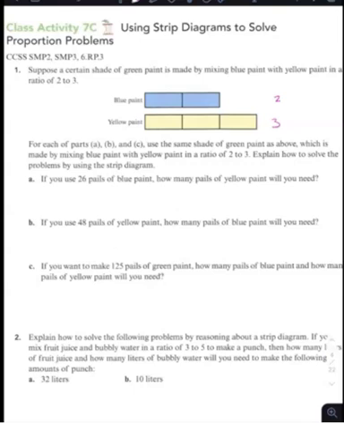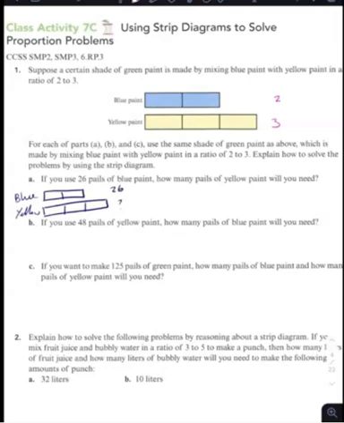So if you use 26 pails of blue paint, let's see if we can make sense of this. So this is blue, and this is yellow. So if the blue paint is 26 pails, how much yellow paint do you need?